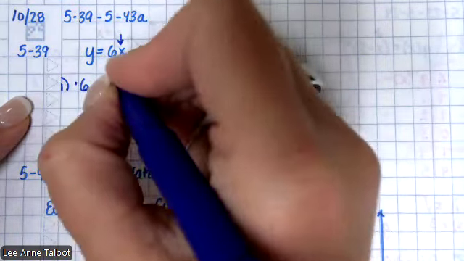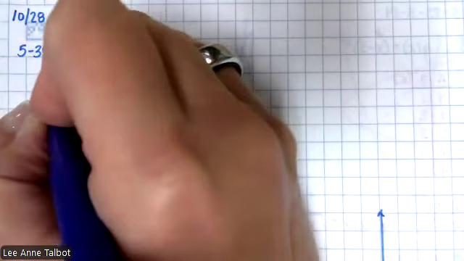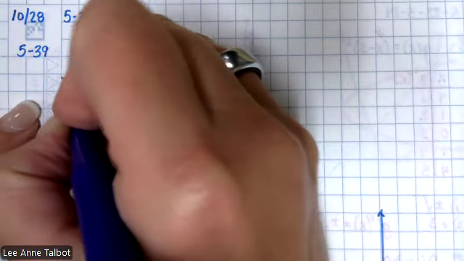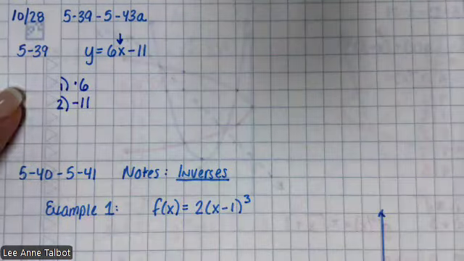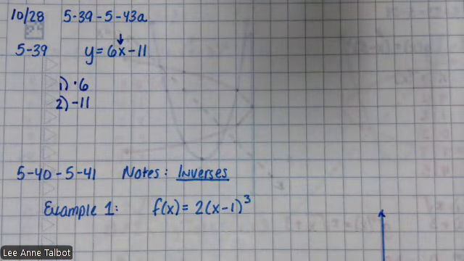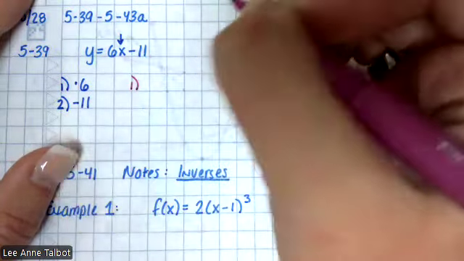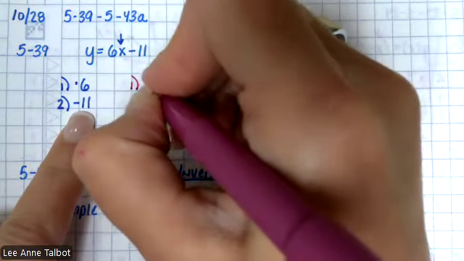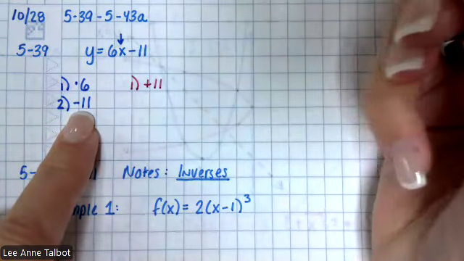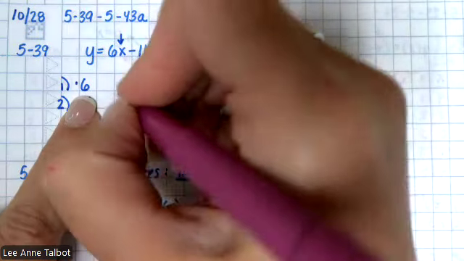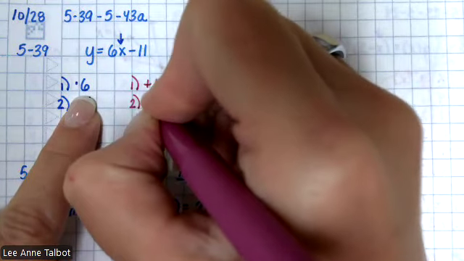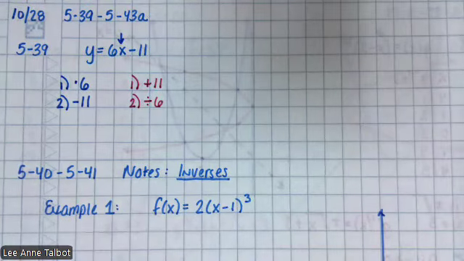If I were to plug something in for x, I would times 6 first. Then I would subtract 11. Okay, undo that first by adding 11. Then undo that by dividing by 6.